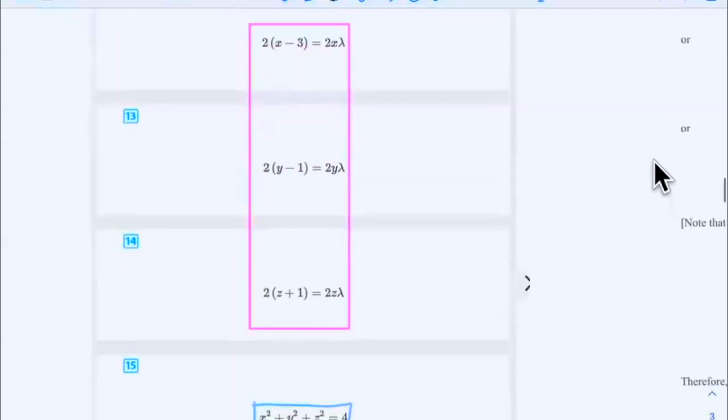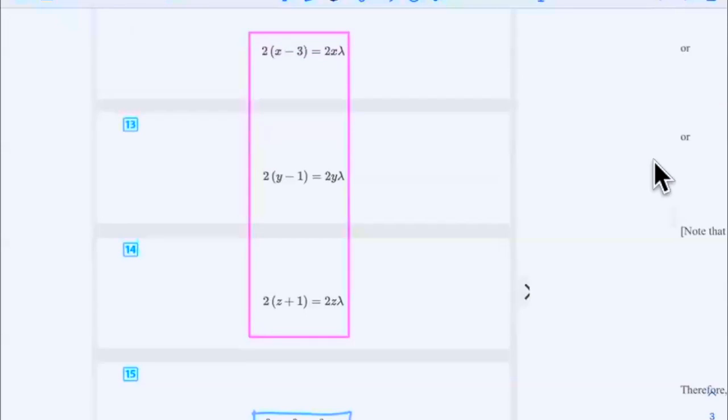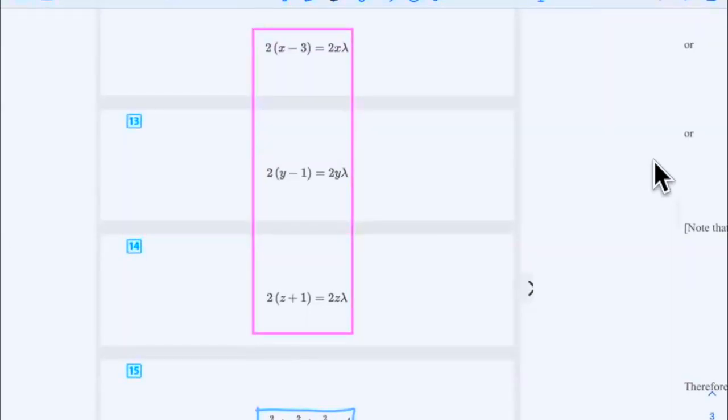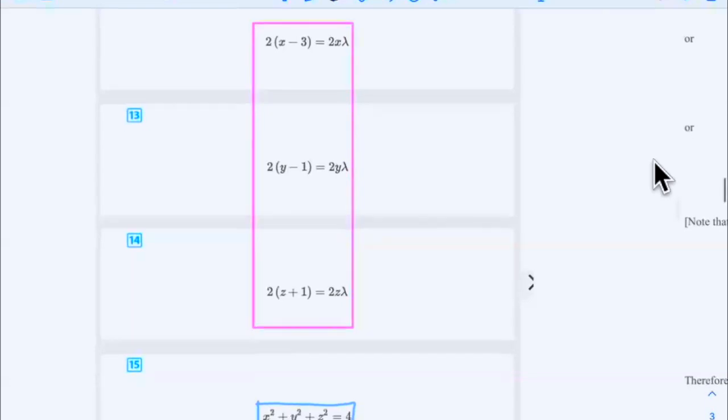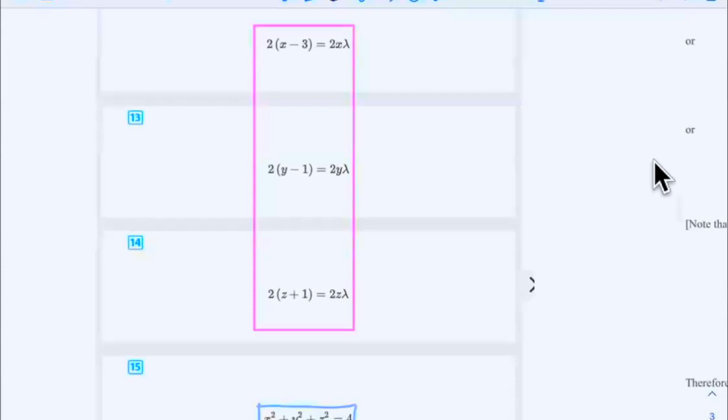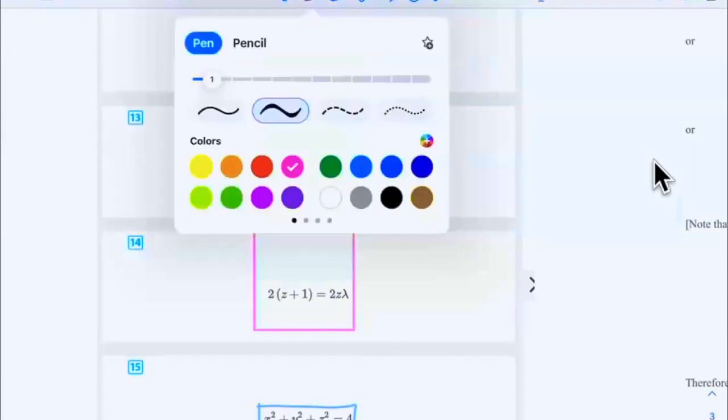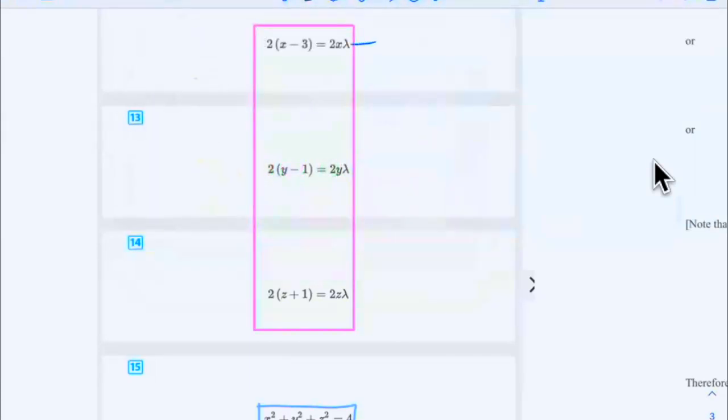So the question here is, how do we solve for x, y, z, and lambda? There are different ways to solve it. Sometimes you can isolate the lambda, and in this case, they say that the simplest way is to solve for x, y, and z from this. Look at the first one.